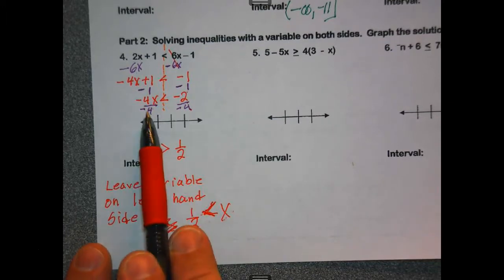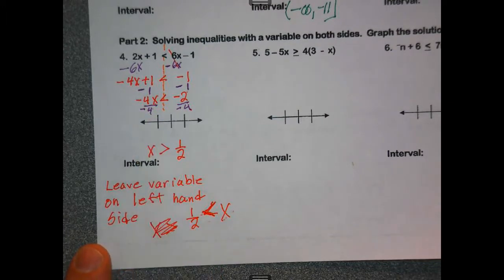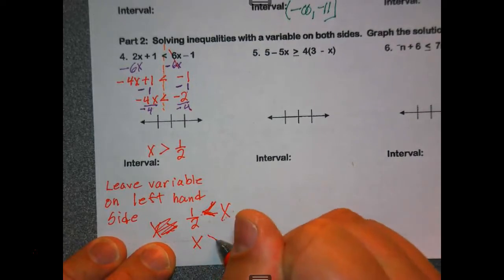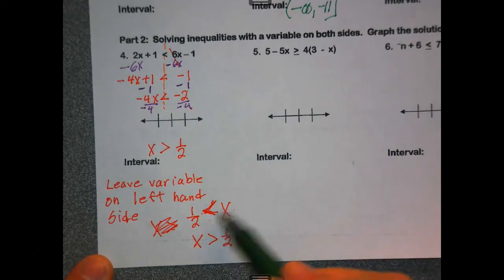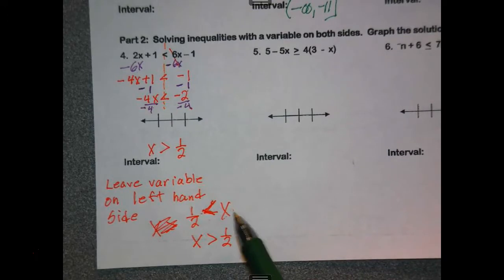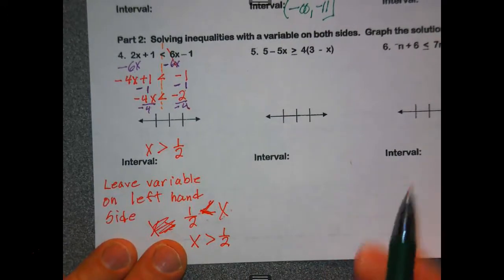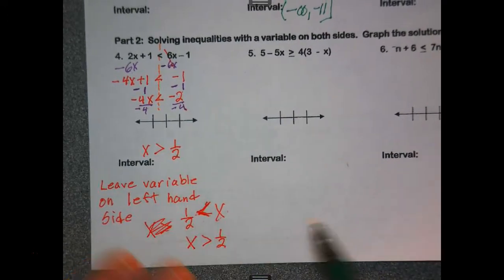That's why I like to leave my variable term on the left-hand side, because I get to graph this and not that. If you run into a situation where your variable is on the right-hand side, you have to flip everything around to graph it, to avoid making mistakes. Okay? I'd rather deal with negative numbers than messing with the x or variable term on the right-hand side. Okay. This 1/2 goes in the middle.